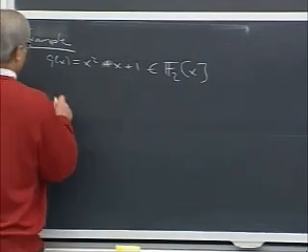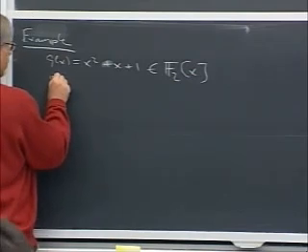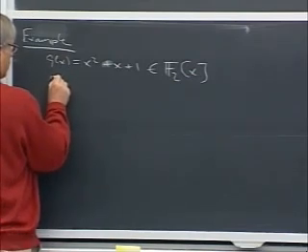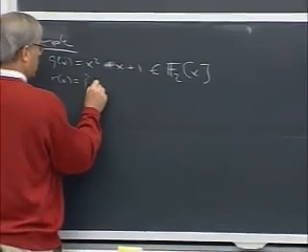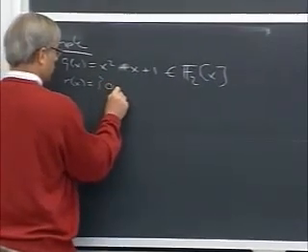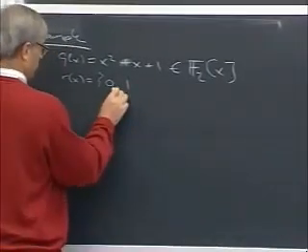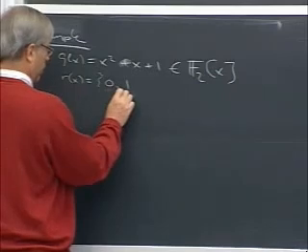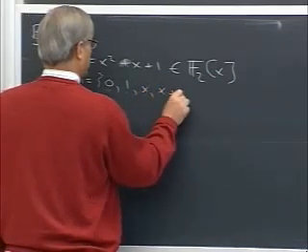Then the remainders r of x are equal to 0, 1, x, or x plus 1. Well, 0 is degree minus infinity, and 1 is degree 0.